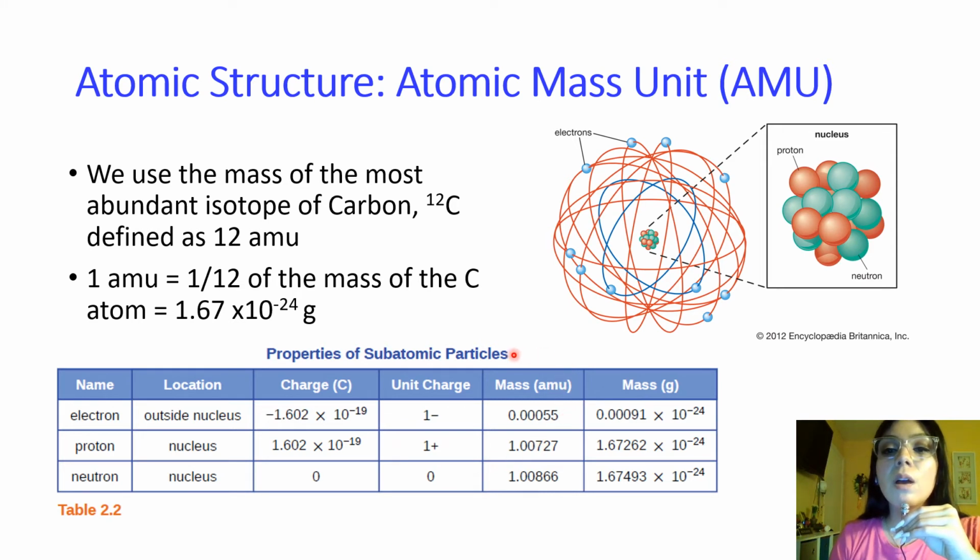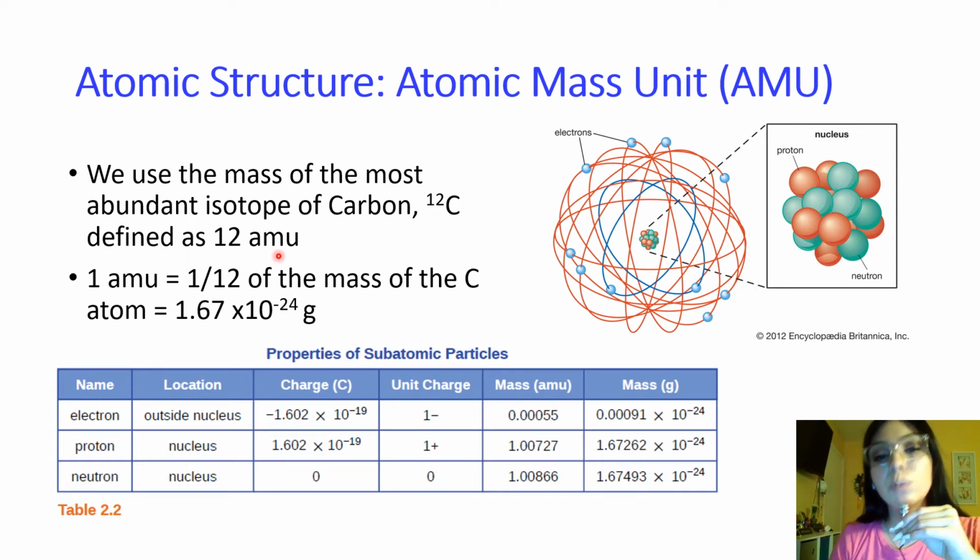Now, we know the masses, and we are going to be talking about the masses of atoms in a unit called AMU. AMUs are essentially kind of like an arbitrary unit defined using the mass of carbon-12, which is the most abundant isotope of carbon.